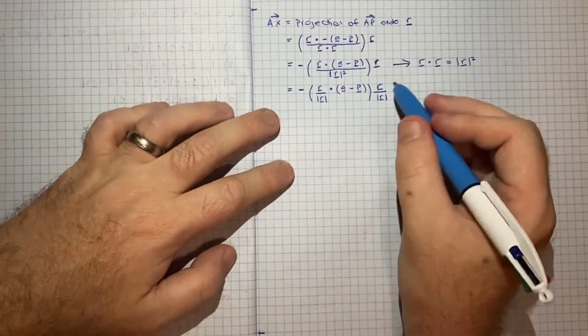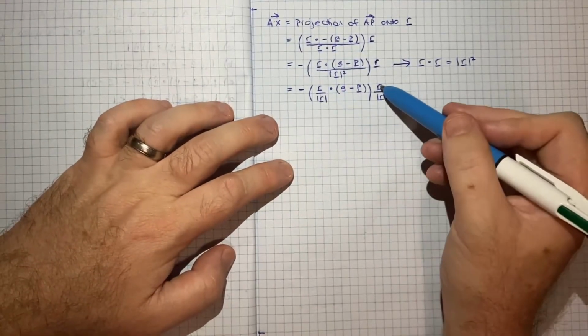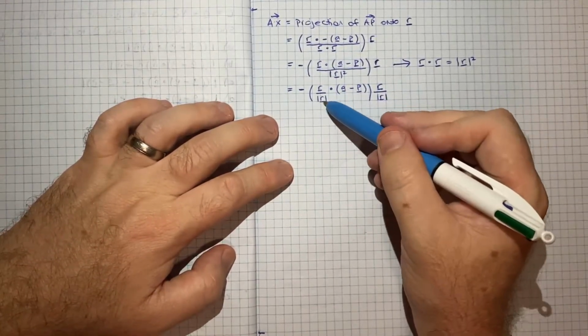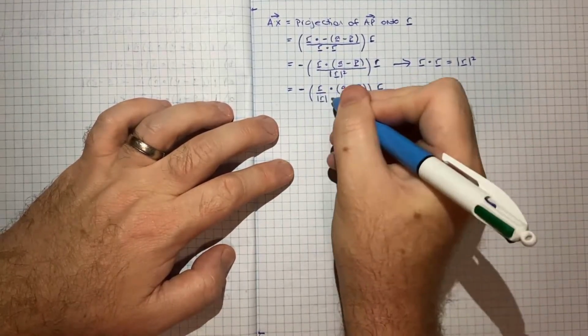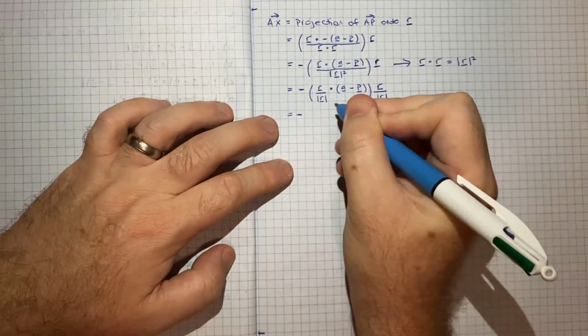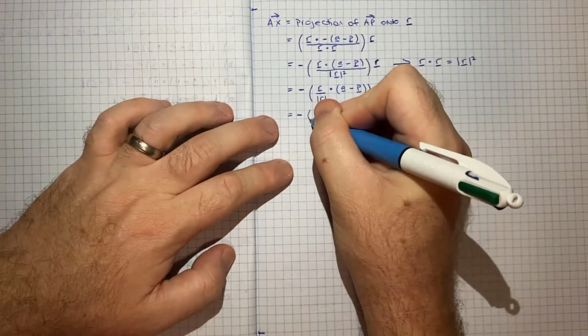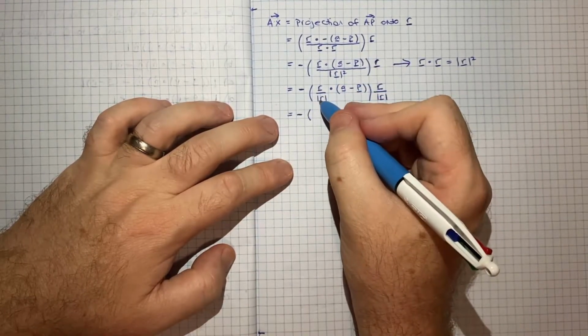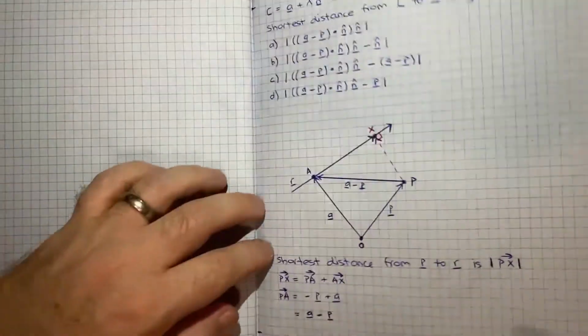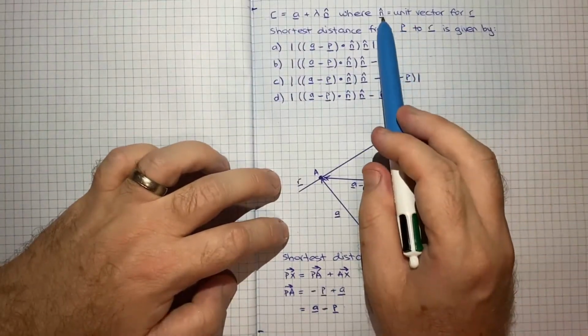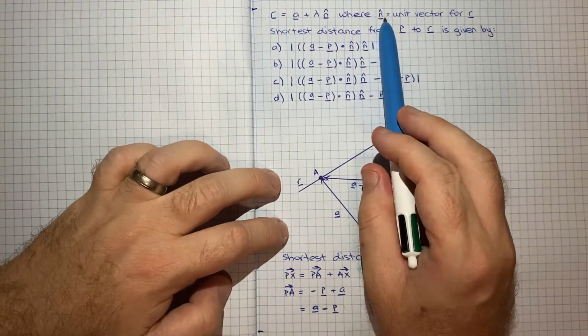And the reason I've done that is because this, R vector over the magnitude of R vector, is the definition of the unit vector in the direction of R. So now I can write this as negative bracket, and this R vector over the magnitude of R vector is the unit vector of R, which you may remember in our case is denoted with n hat vector.